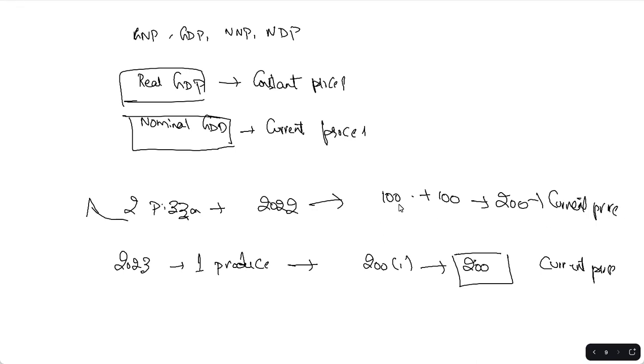So, is the same economic activity happening in both places? No. Here you have actually produced only one pizza in 2023, but in 2022, you produced two pizzas. So the economic activity in 2022 is greater than the economic activity of 2023. But it is giving us a false image if we consider the final value at the current prices.